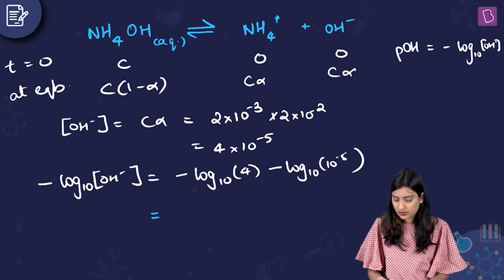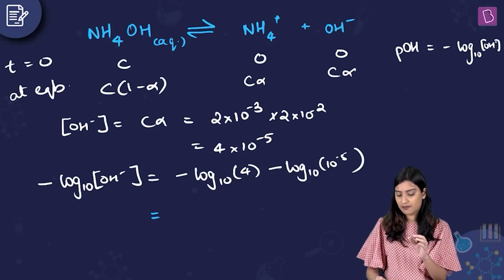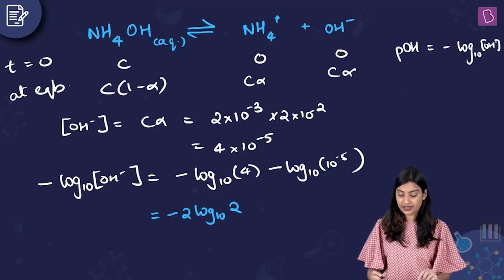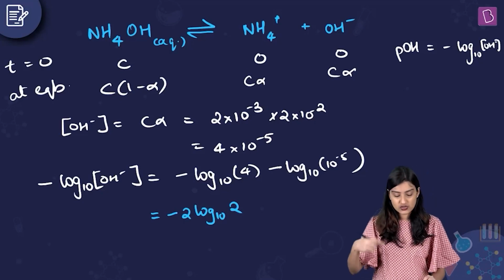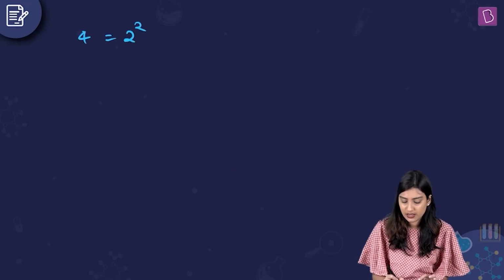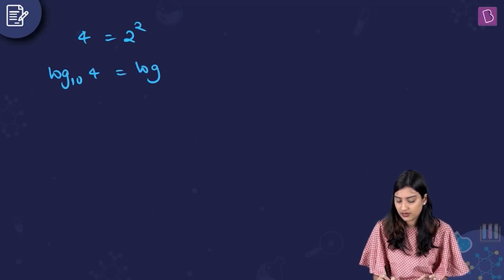Now what is this going to look like? This is going to be minus 2 log 10 of 2. What have I done? Basically, I've written 4 as 2 square, and once I write 4 as 2 square, then log 10 of 4 will become log 10 of 2 square, and I can write this as 2 log 10 of 2.